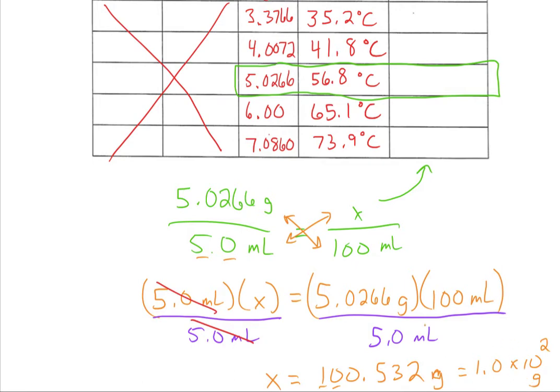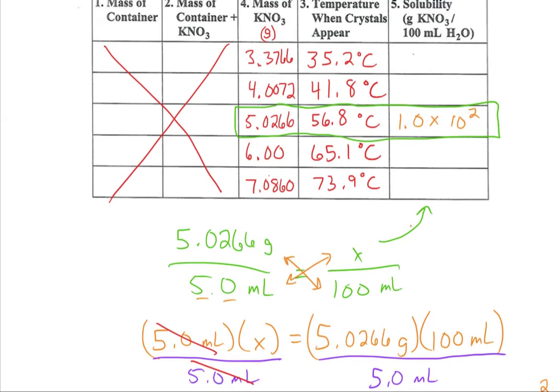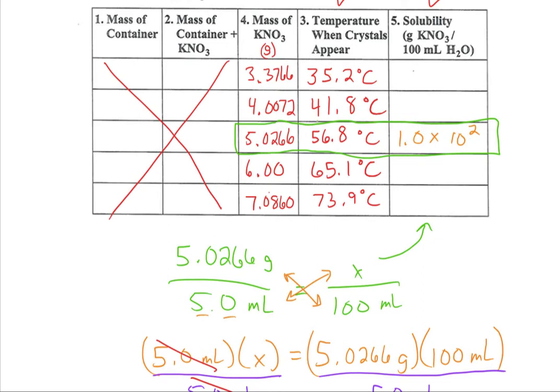It just happened to fall that way in our math here, which is fine. When I actually graph in a minute, I'm just going to use 100, by the way. Okay, so that's the proportion calculation that you need to do for all of these.